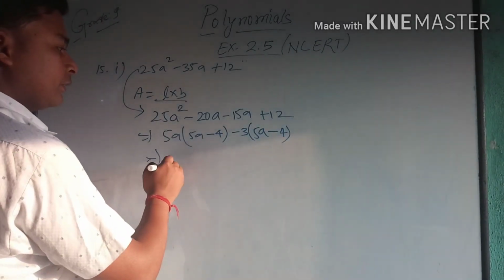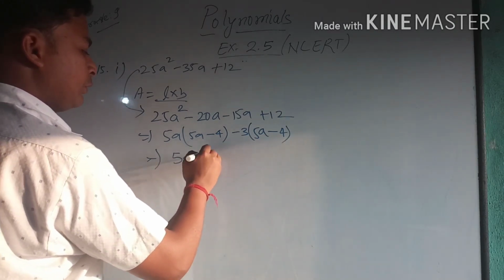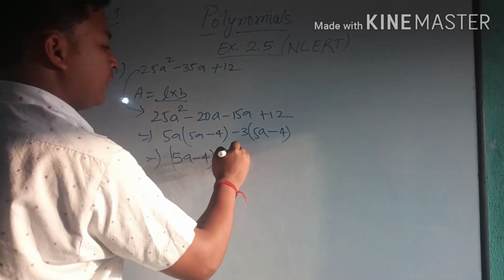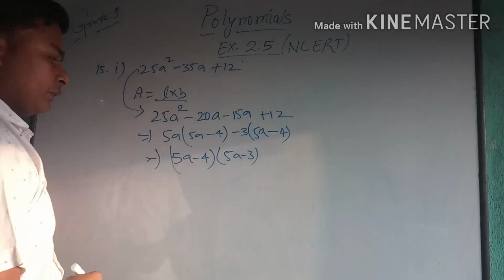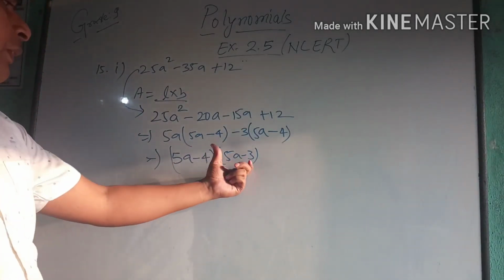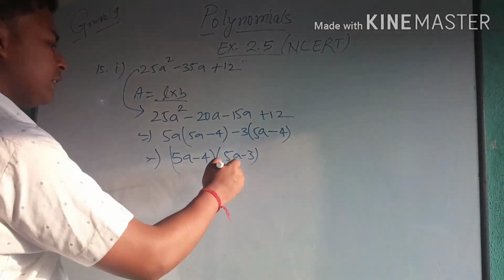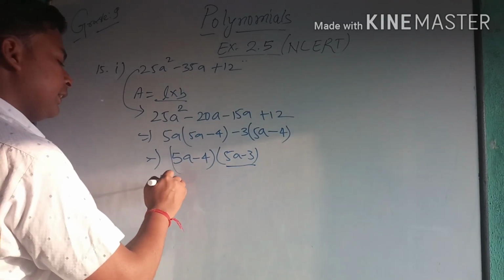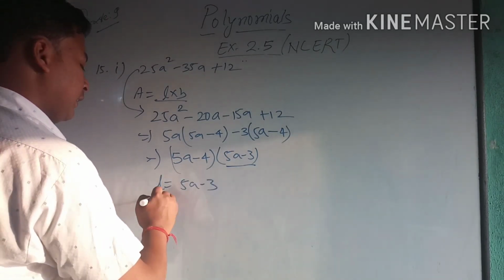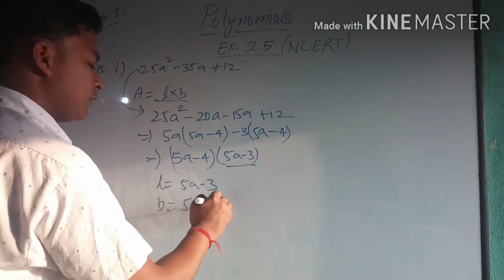Again 5a minus 4 is common, and the other factor is 5a minus 3. So we can assume that this is a little greater. So the possibility is that the length is 5a minus 3 and the breadth is 5a minus 4.